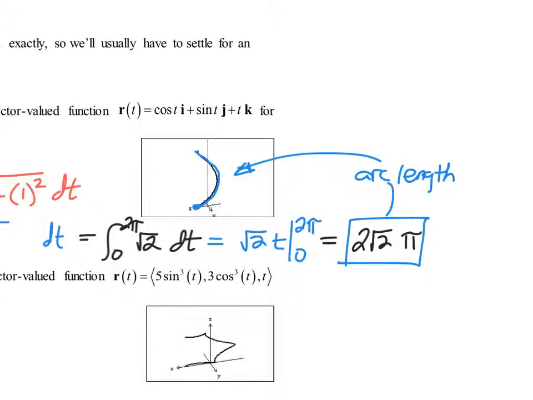Right, so off the top of my head, let's see. So 1, 2, 2, 3. So we're looking at somewhere around 8. It's 8.88. A little off.